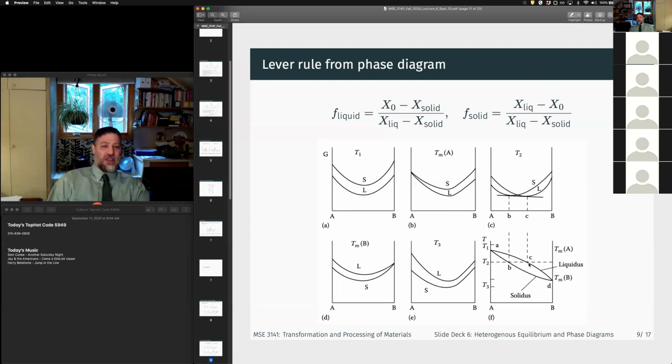So if we're at a composition here, we can do exactly the same calculation, right? Some places call it the first lever rule and the second lever rule. It's actually the only lever rule, because you're talking about distances between these common tangents.